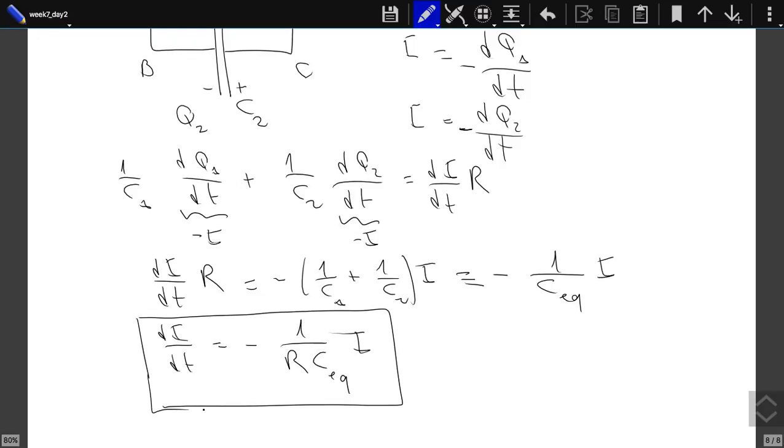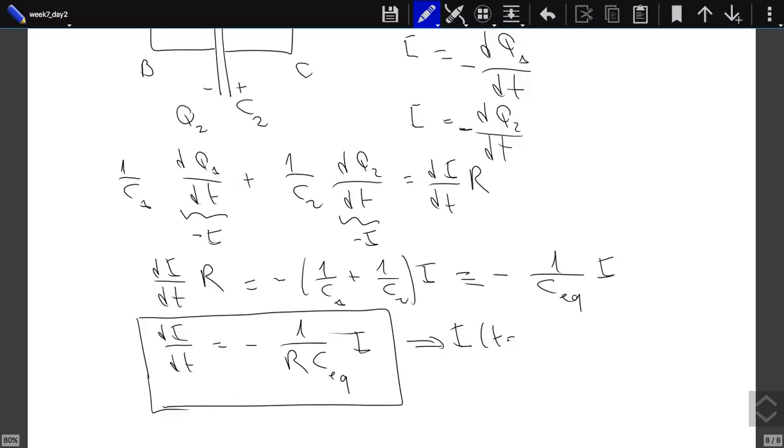Again, I is such a function that its derivative is nothing but itself multiplied by the constant coefficient. It's just like the previous example, and the solution will have exactly the same mathematical form.